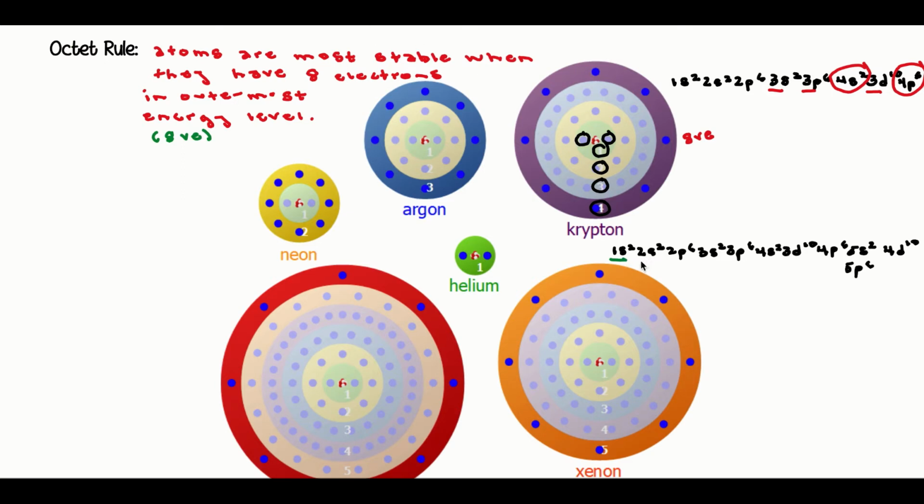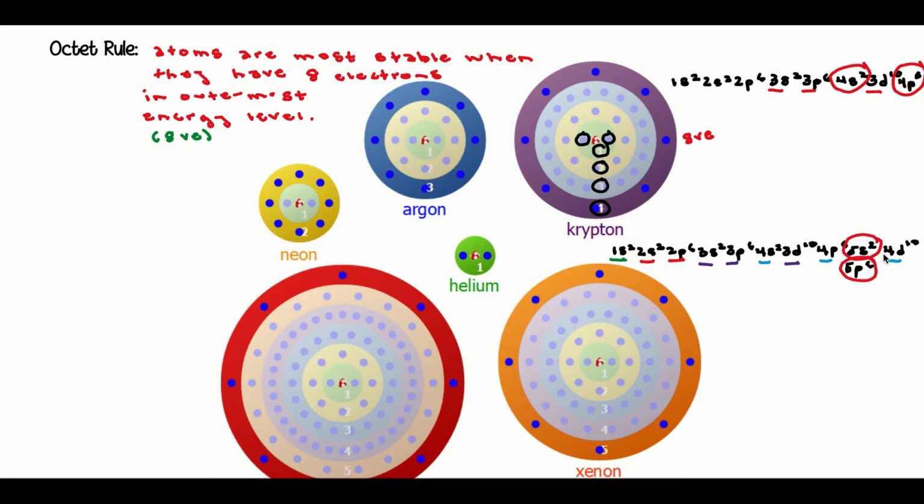The second energy level has 8. The third, you can look at the diagram and look at my electron configuration, has 18. The fourth has 18 as well. And the highest energy level there, which is 5, has 8 again.